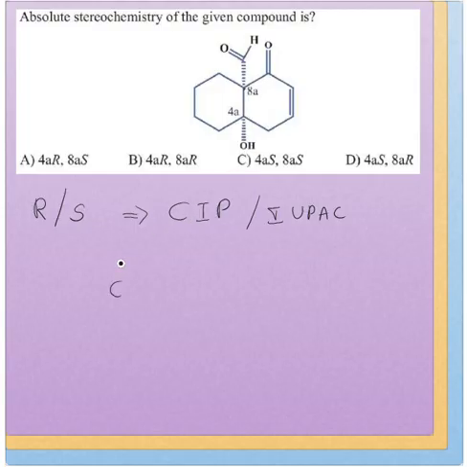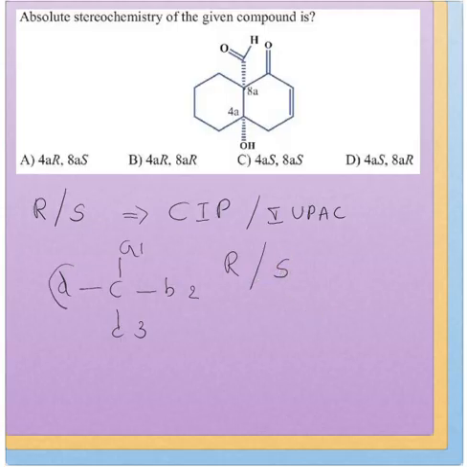Whenever you have a chiral carbon, give the priority to the groups based on the atomic mass, right? So once you give the priority, always observe for 1, 2, 3. If it goes in the clockwise, then we call it R, otherwise we call it as S.